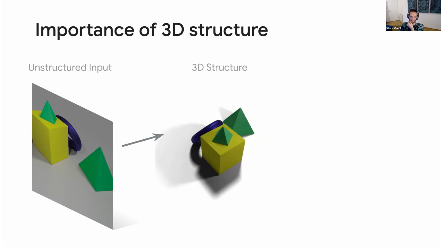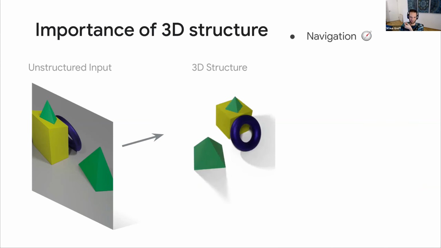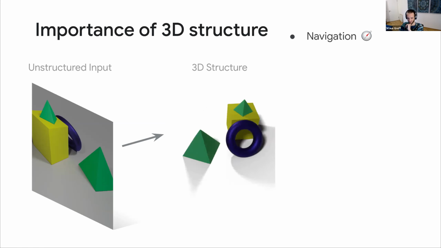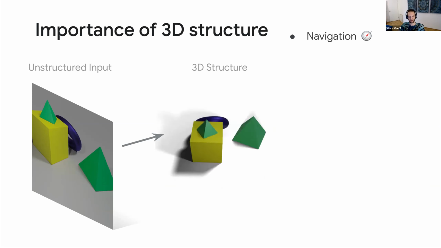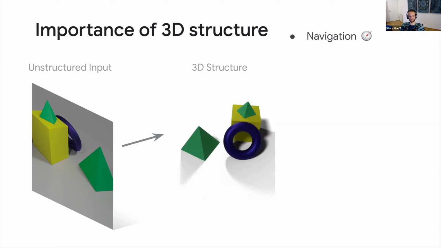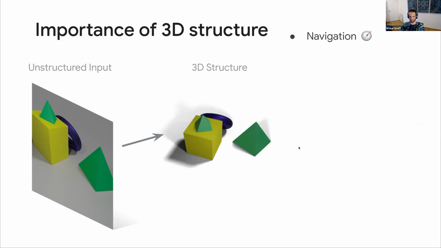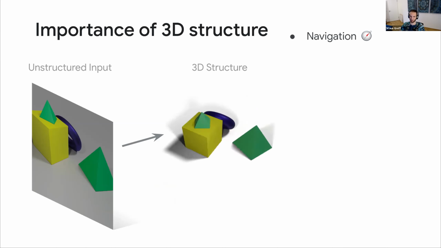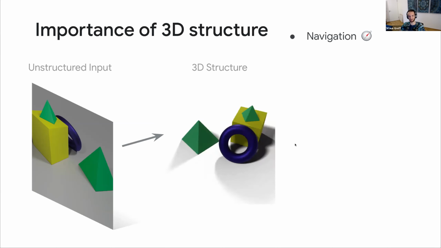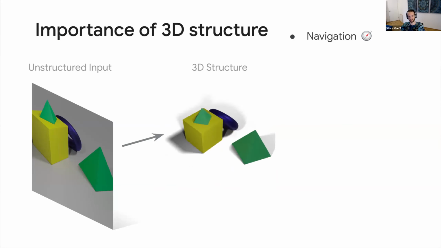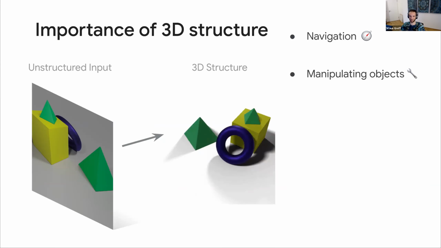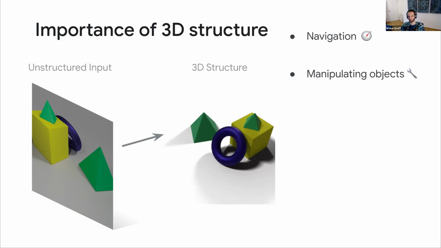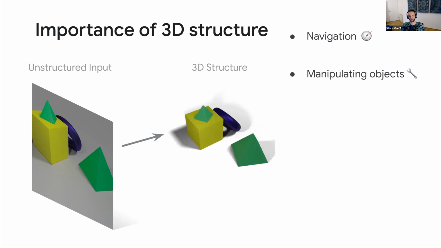So why is 3D structure so important? If we want to interact with the real world and not just via images and our computer screens, for example in robotics, we need to navigate the real world, and the real world is 3D. So having a 3D understanding of the surroundings is crucial. It's also crucial if you want to manipulate objects, if you want to grab, interact with, or grasp objects.